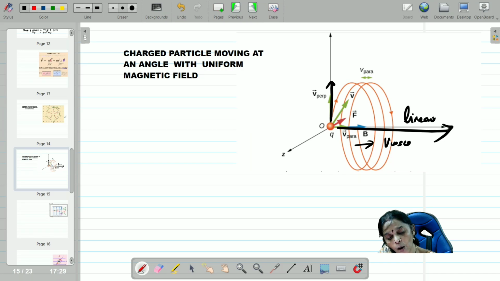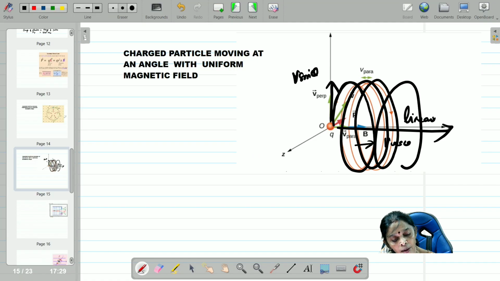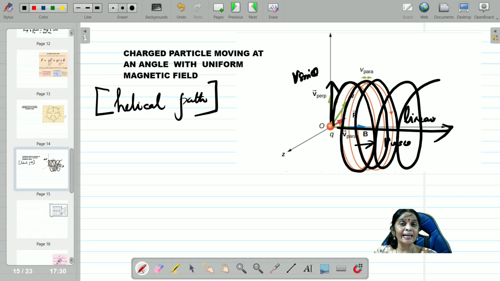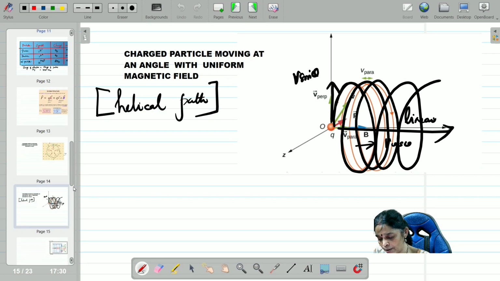Whereas the perpendicular component, v sin theta, makes it move in a circular path. It tries to move in a circular path while the other component is pulling it, so it follows a helical path. Hope you understand what I mean. So now, this is the helical path. I am going to put it here.